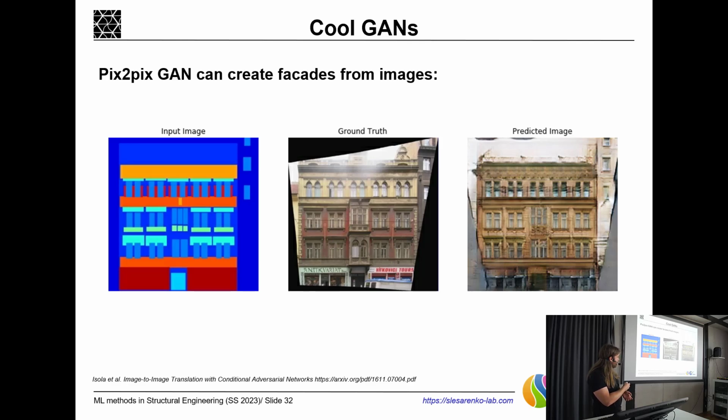You can see this was the ground truth image for this particular pattern, and this is what gets actually designed by the neural network. A little bit different style of the building, but you can see that basically the window arrangement fits very, very nicely.